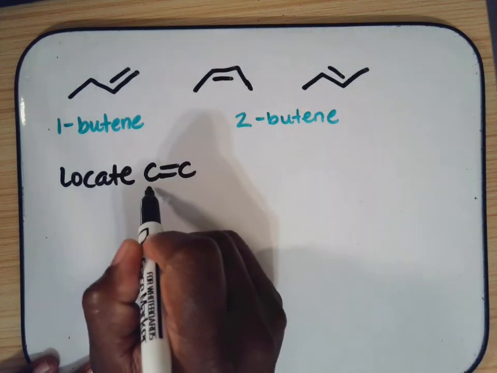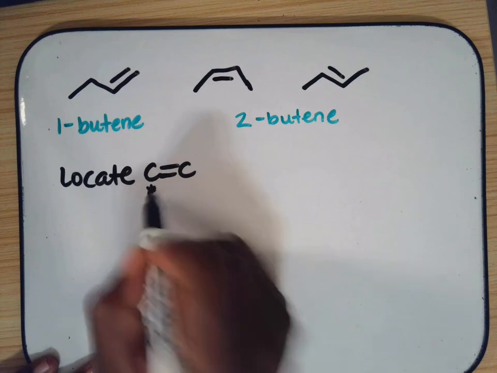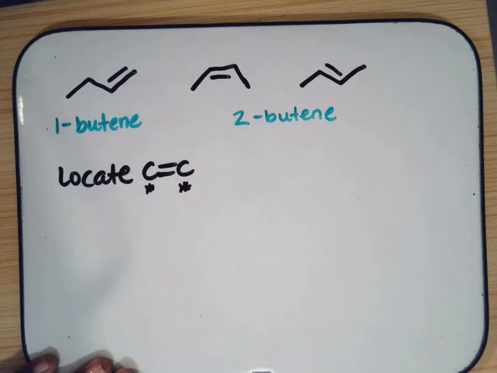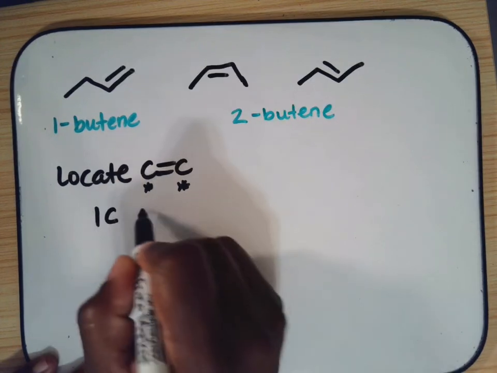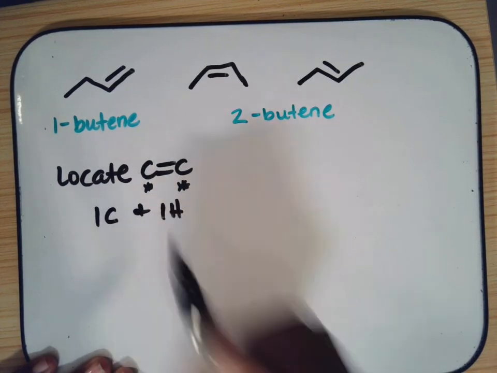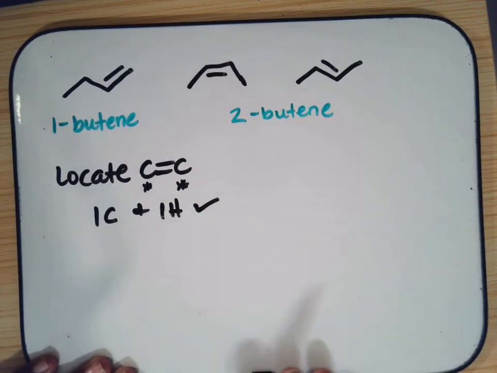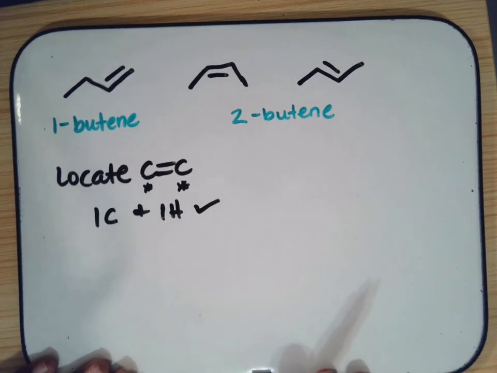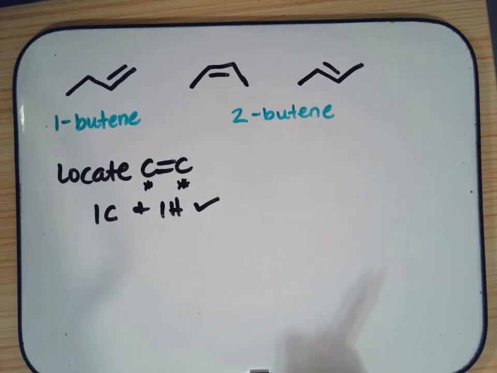If each carbon of the double bond has exactly 1 other carbon and 1 hydrogen attached, we can determine whether or not it is a cis or a trans isomer. If it doesn't have 1 carbon and 1 hydrogen, so if it has more or it has less, we cannot determine cis or trans isomers.